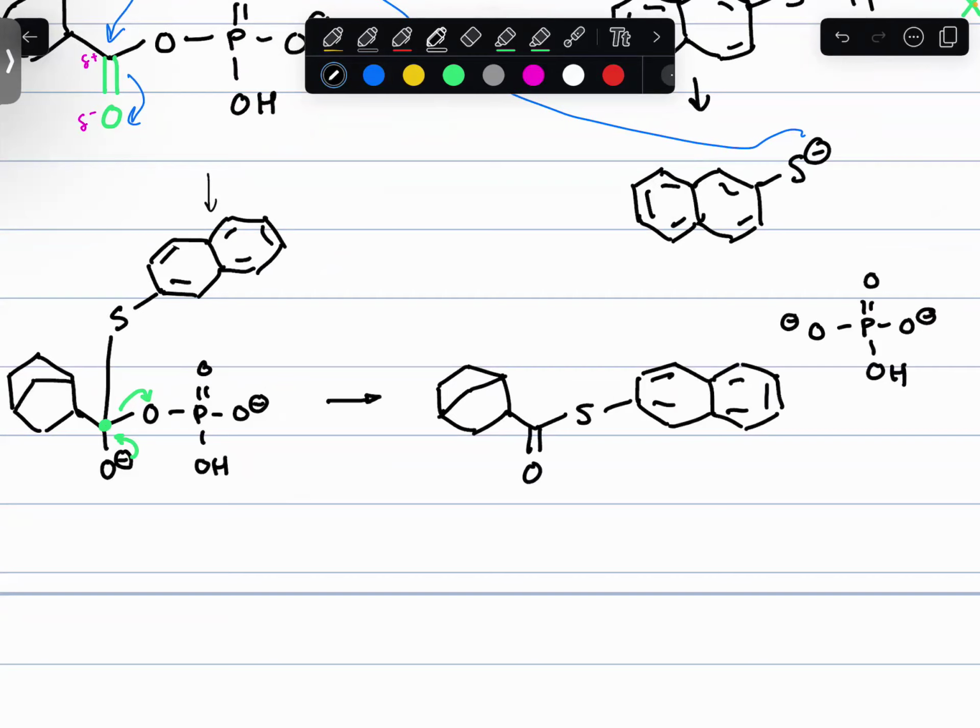So now we have our final product here. This phosphate would undergo protonation to give us this form. And we have successfully completed our acyl substitution.